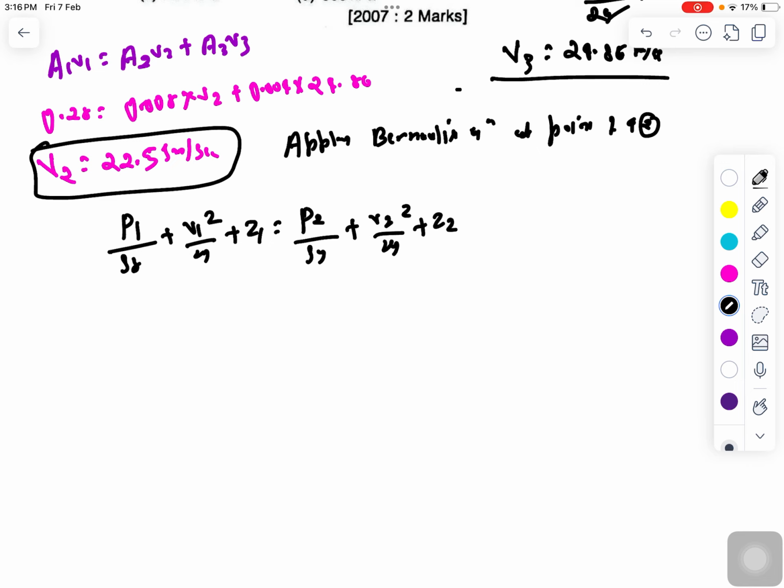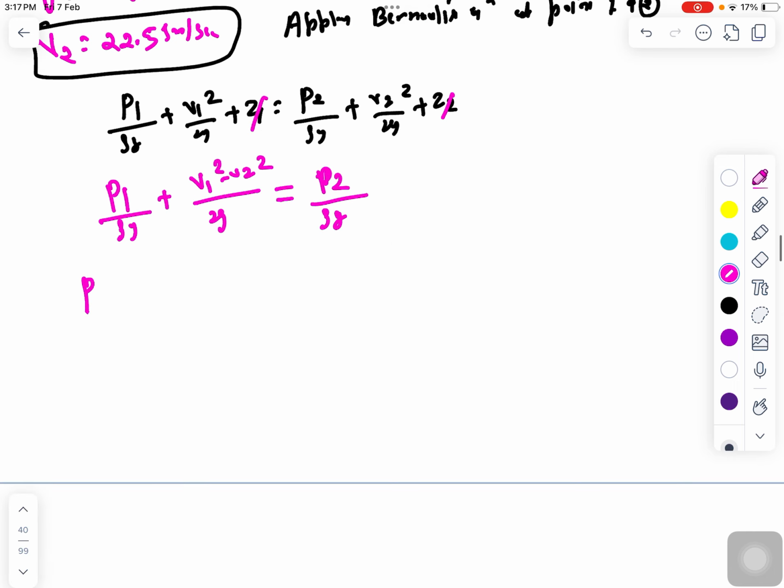So you are supposed to calculate the value of p2, right? So directly I can say that p1 divided by rho g plus v1 square minus v2 square divided by 2g, and z1 and z2 will be at the same level, so that can be written as p2 divided by rho g. So the value of p2 can be written as p1 plus v1 square minus v2 square divided by 2 into rho.